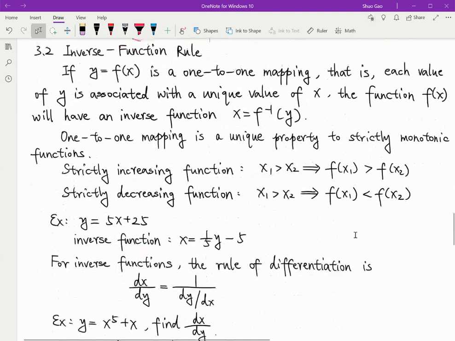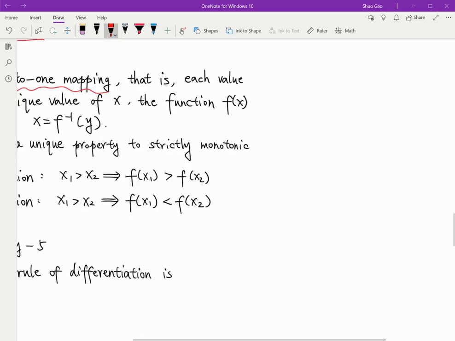And the second one is called the inverse function rule. So if the function y equals f(x) is a one-to-one mapping, this means that for each value of y, there's only one unique value of x associated with it.